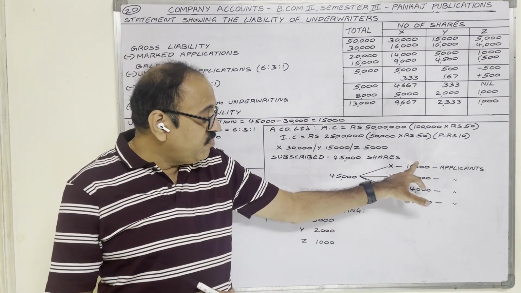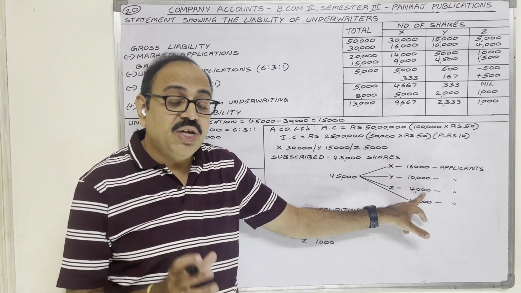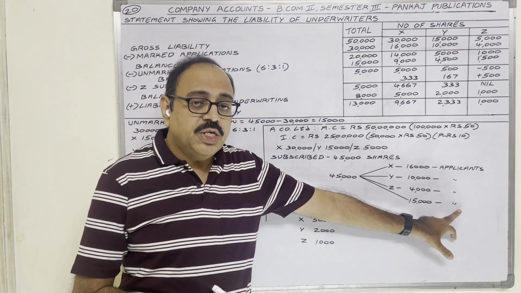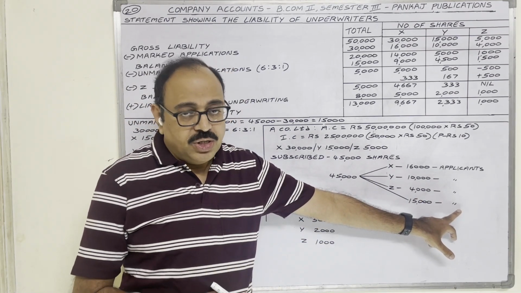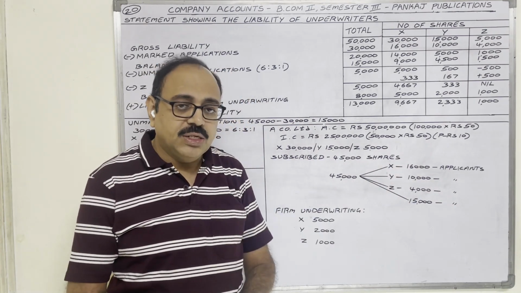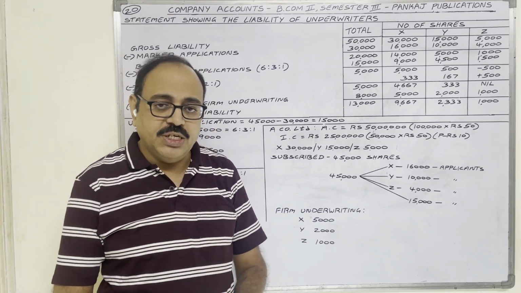On the first three groups of applications, the underwriter's stamp is fixed. In the last group there is no underwriter mark, so these applications came to the company directly from the applicants. That is the difference between marked and unmarked applications.